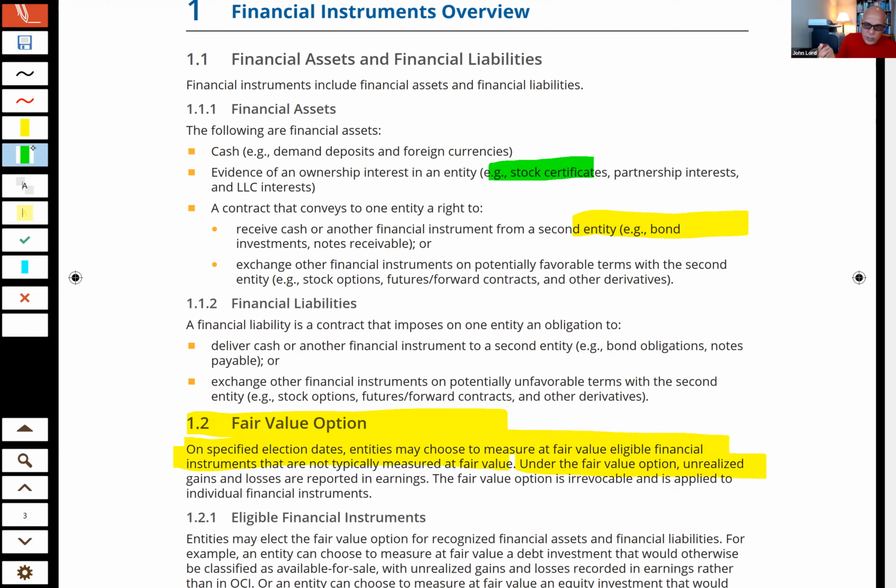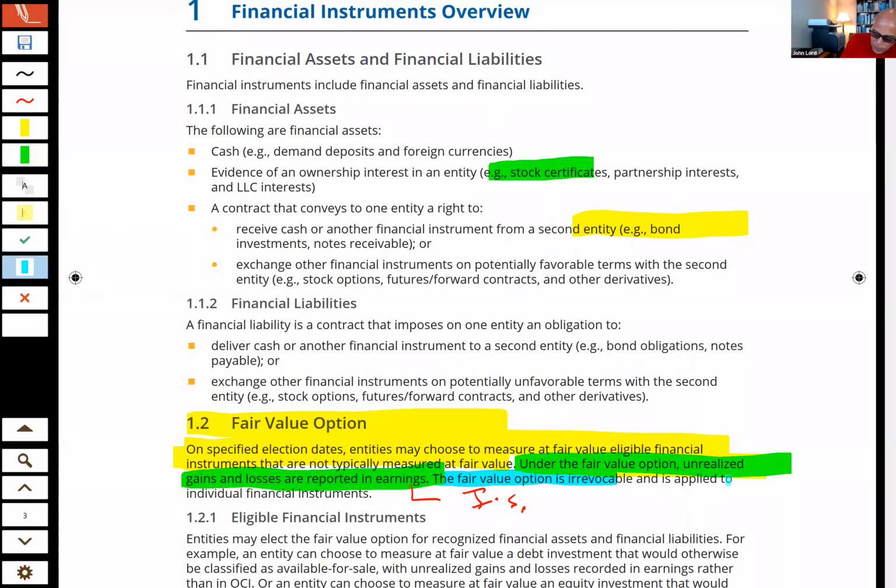Under that situation, unrealized holding gains and losses will be reported on the income statement. Now, flashcard that once you elect that fair value option, it is irrevocable as to that specific instrument. So it's a one-time election.